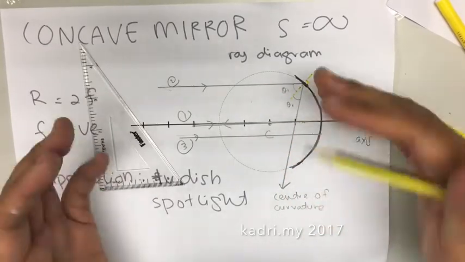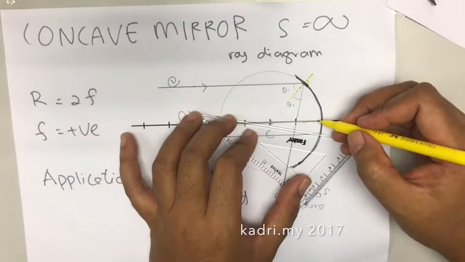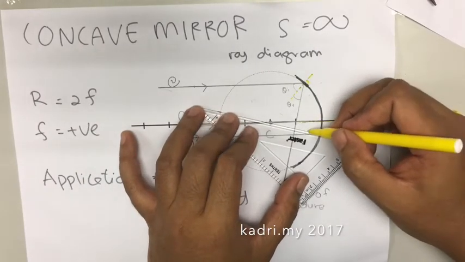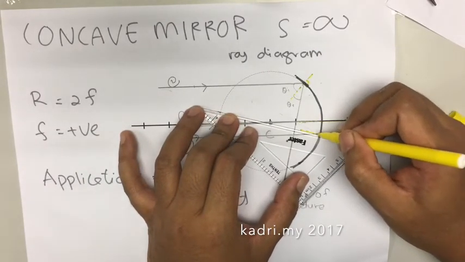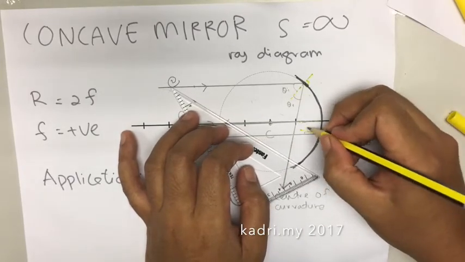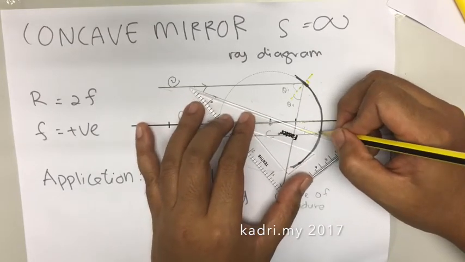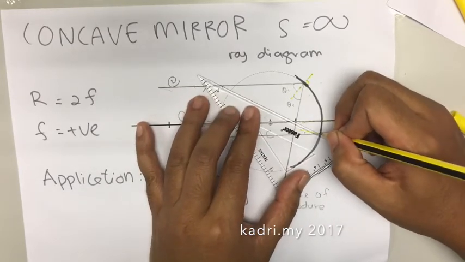So how? Again, we must draw the normal line to help us. This is our normal line, always directed toward the center. You see this is the incident angle, this is the reflected angle. By drawing properly, this ray will go in this way.